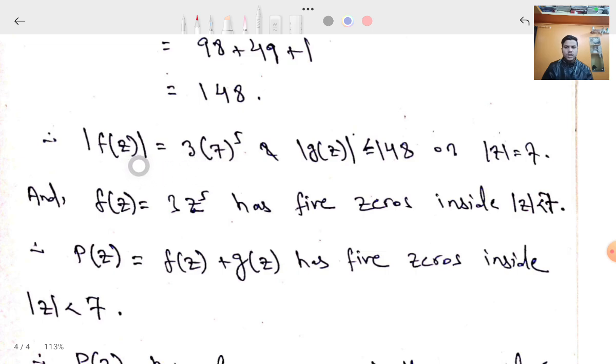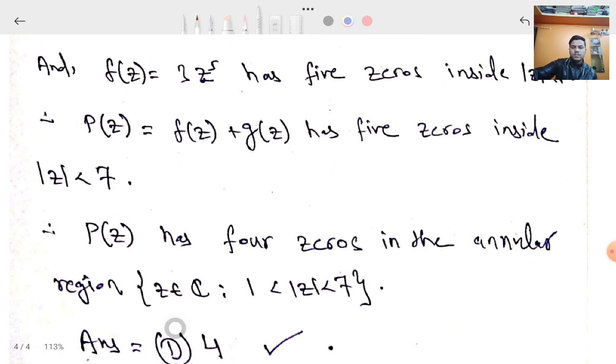Hence, we can get that |g(z)| is less than |f(z)|, and f(z) was 3z^5. Then z^5 has 5 zeros inside |z| less than 7, as at z = 0, f(z) has a zero of multiplicity 5. Therefore, p(z) = f(z) + g(z) has 5 zeros inside |z| less than 7.